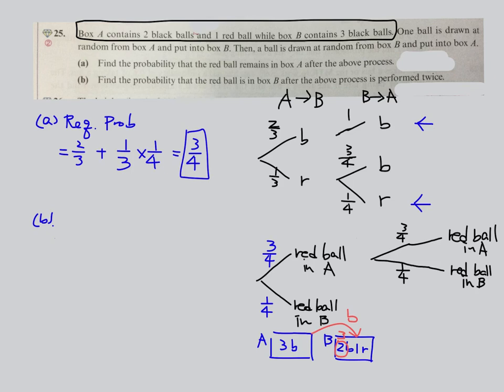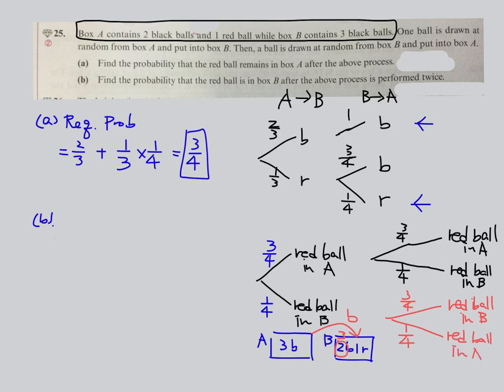Next, if I put it back, now we have 3 black, 1 red. If I pick a black here, 3/4, then the red ball will be in B. If I pick a red ball, because in this step I'm putting it back to A, then the red ball is in A.